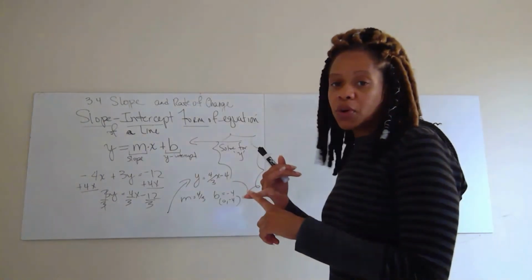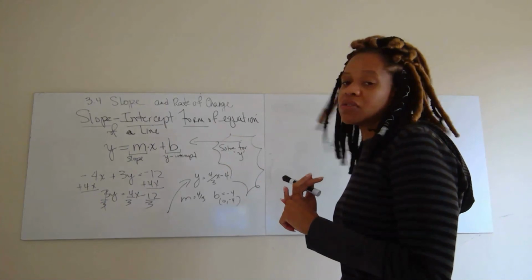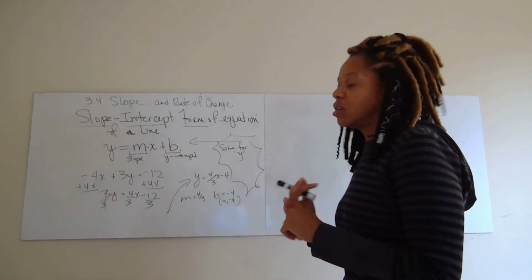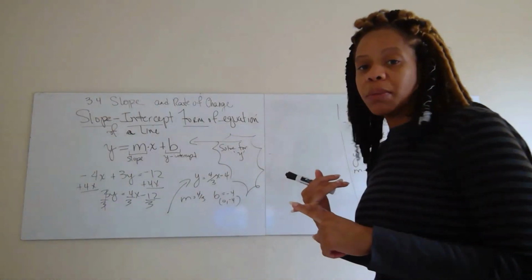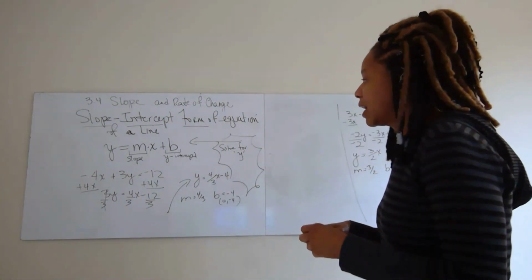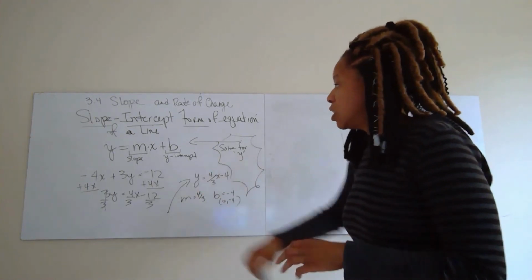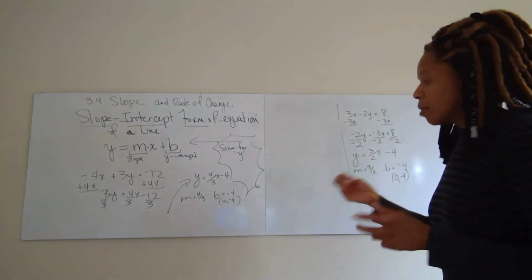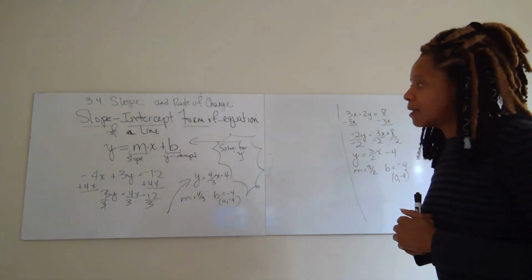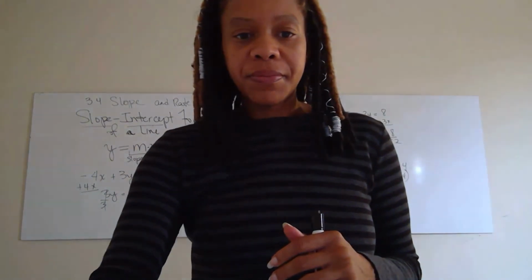So you have the slope formula and then you have the slope-intercept form that you need. The slope formula, y2 minus y1 over x2 minus x1, given two ordered pairs, you use that. And if they give you an equation and you need to find the slope, you put it in y equals mx plus b form, and then you can find your slope like that. Okay? So 3.4, slope. That's it.